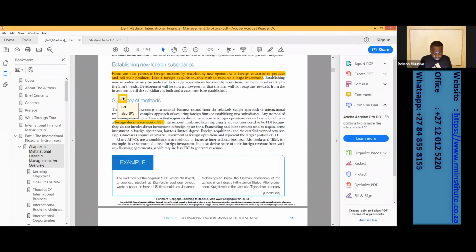So special purpose vehicles are commonly utilized in certain structured finance applications such as asset securitization, joint ventures, property deals, or to isolate parent company assets, operations, or risks. So which means in this case, a special purpose vehicle can be established for different purposes, depending on exactly what the parent company is trying to do or achieve.